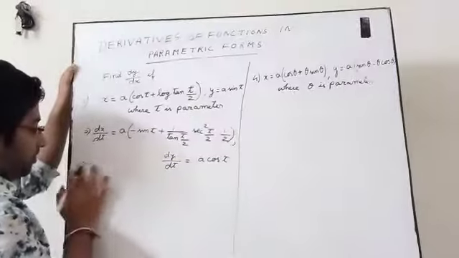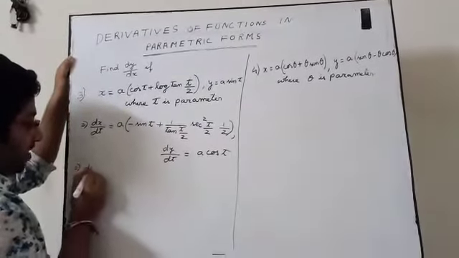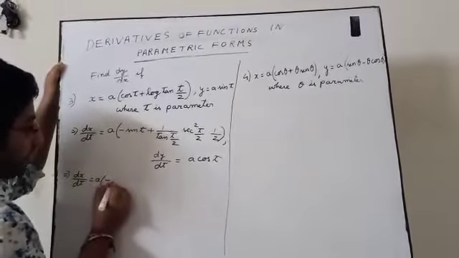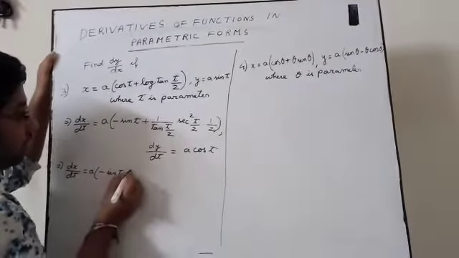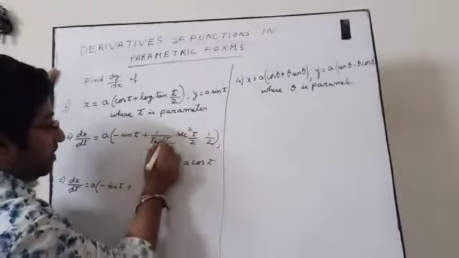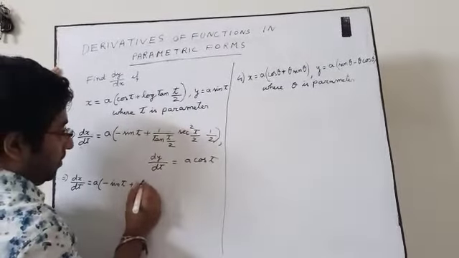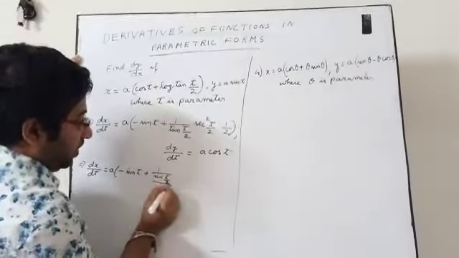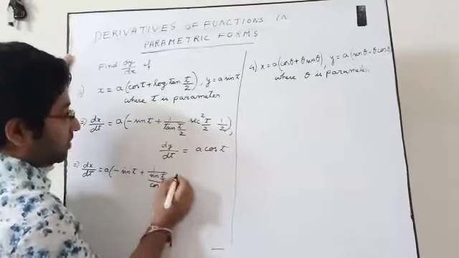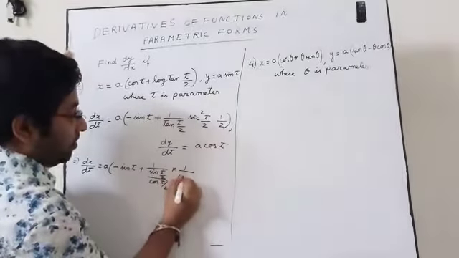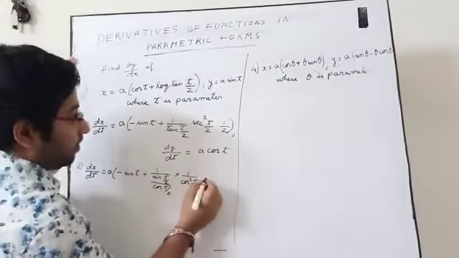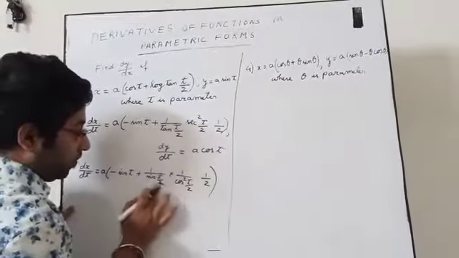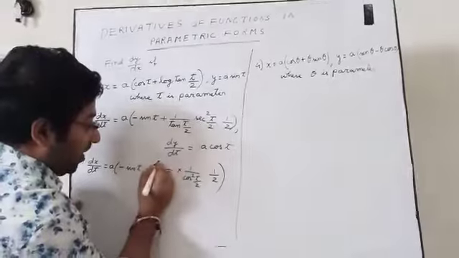So dx by dt, do some calculation: a times minus sin t plus 1 by sin t by 2 divided by cos t by 2, into 1 by cos square t by 2, into half. So this cos t by 2 will go in the numerator.